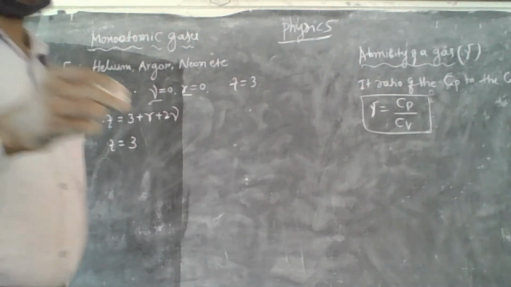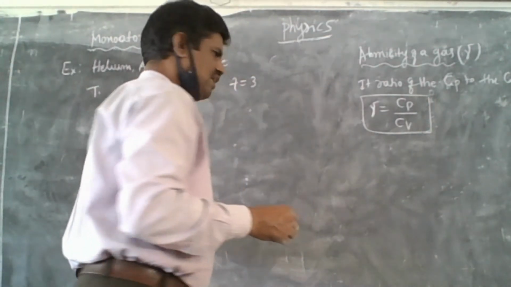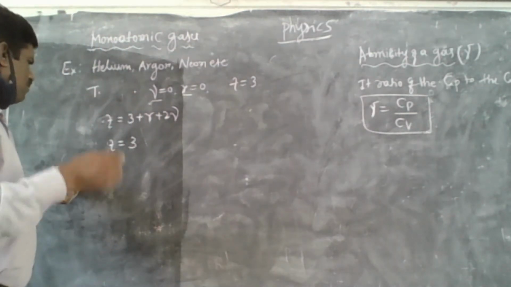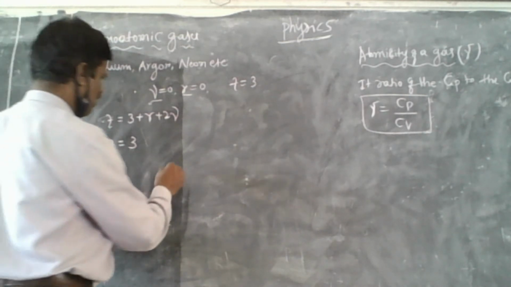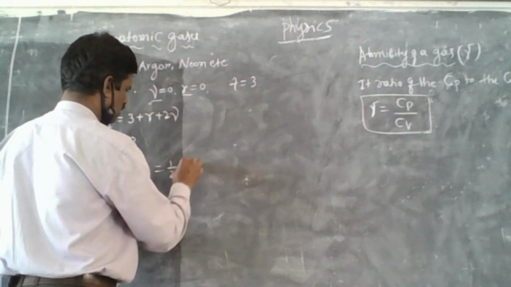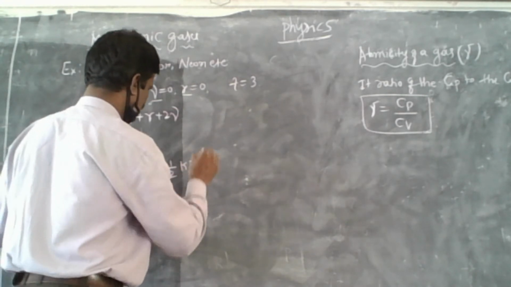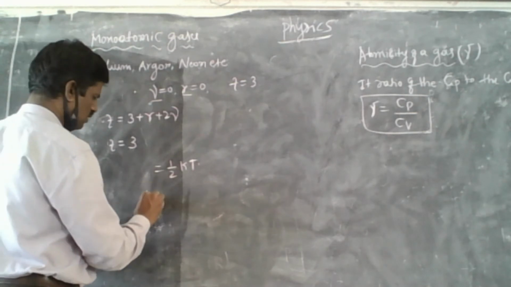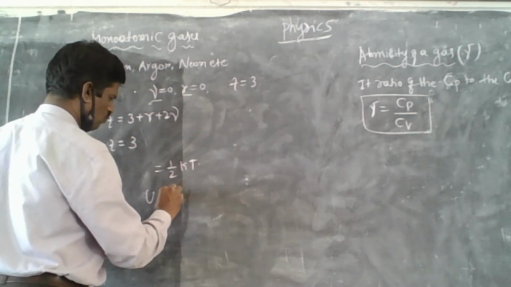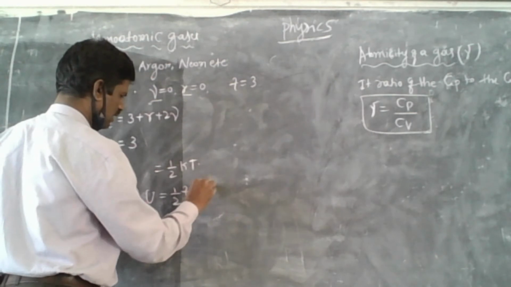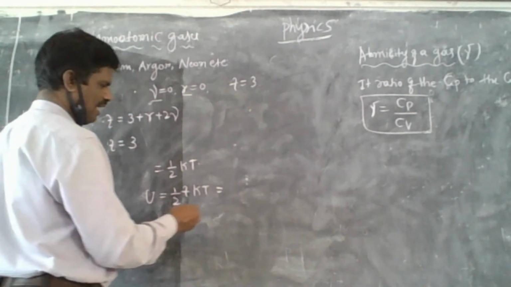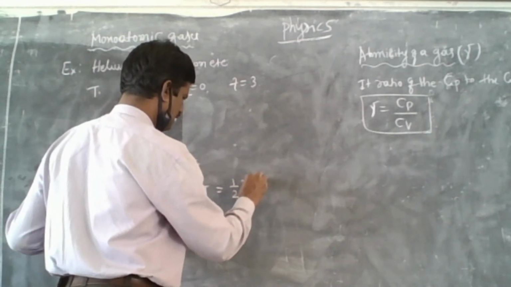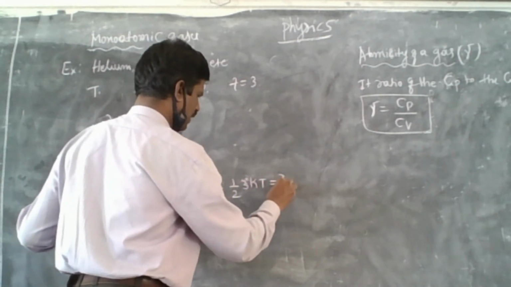According to equipartition of energy, the kinetic energy per molecule per degree of freedom is half kT, isn't it? The total energy of the molecule equals 1 by 2 F kT. What is F? F is 3. Therefore, 1 by 2 times 3 kT, or 3 by 2 kT.